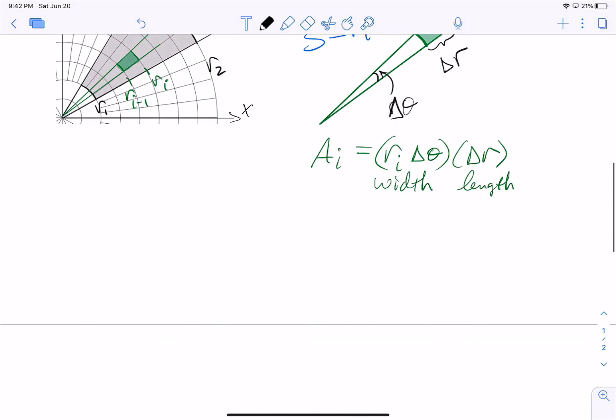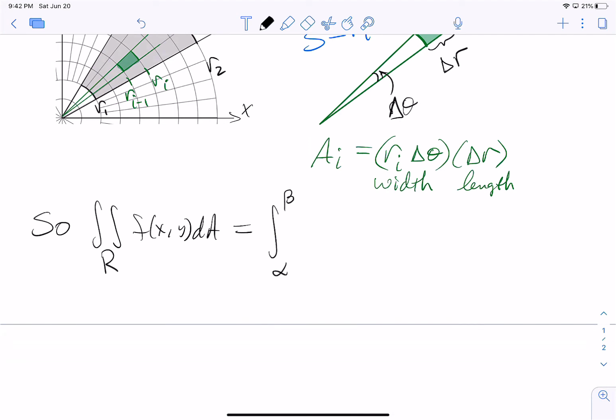With this in mind, we have that the double integral over region R of f of x, y, dA becomes the integral from alpha to beta of the integral from a to b of f of r cosine theta, r sine theta. We are now converting into polar coordinates. And this dA is represented by r times delta r delta theta.